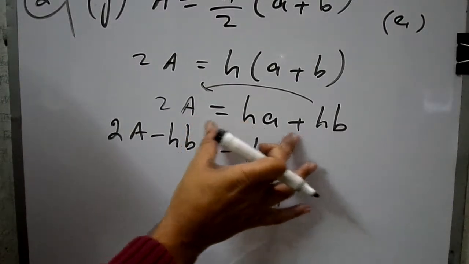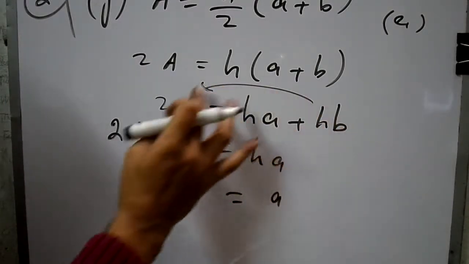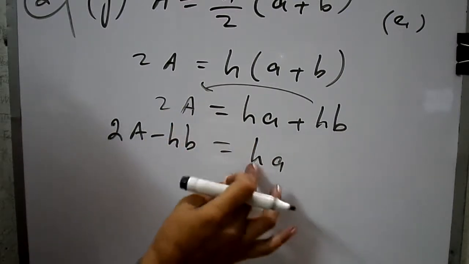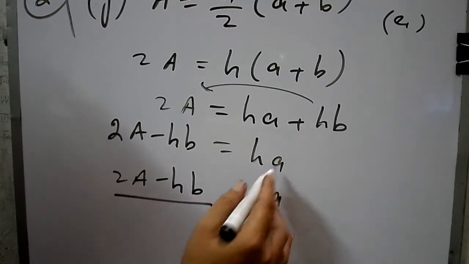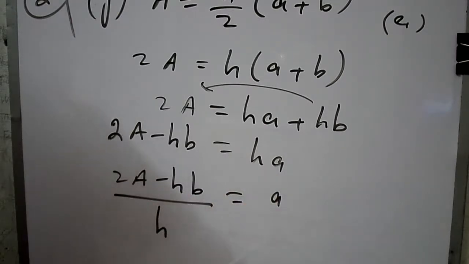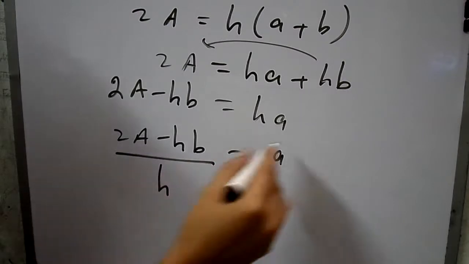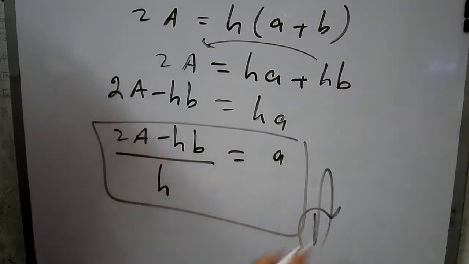This HB will be shifted here, so you need the value of A, so 2A minus HB divided by H. So here A as a subject, you can see that is your result.